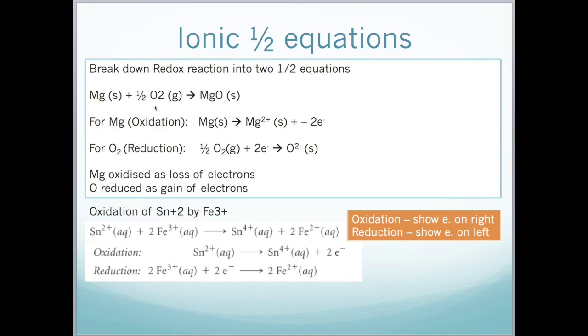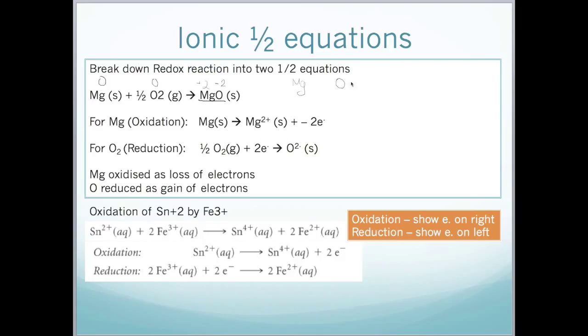Magnesium and oxygen gas reacting to produce magnesium oxide. Assign all these the oxidation numbers. So magnesium is elemental, so it's 0. Oxygen is also 0. When we have this product forming, oxygen again will be -2, and magnesium, because it is in group 2, has a +2 charge.